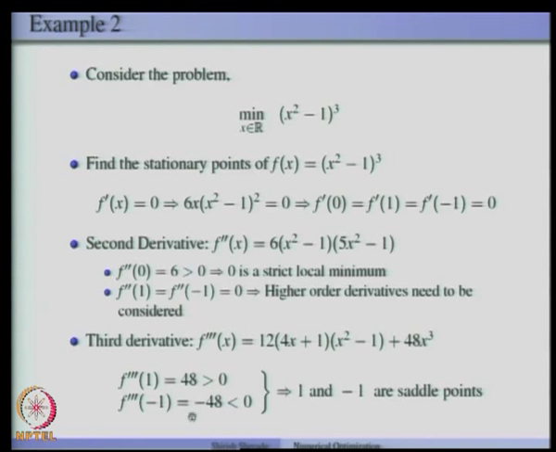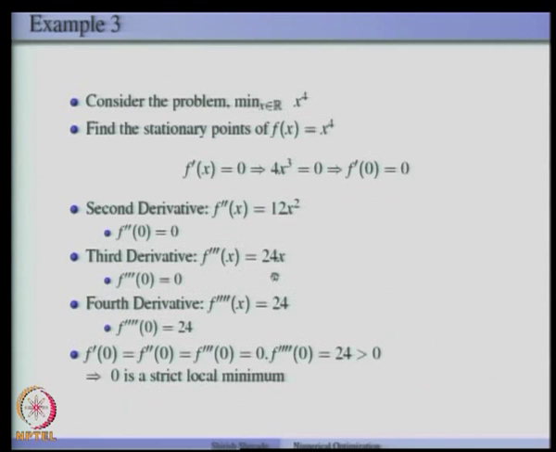So, we really cannot conclude anything from our result about sufficient optimality conditions, because these derivatives are non-zero at k which is odd. So, we can just conclude that 1 and minus 1 are saddle points of this problem, and 0 is a strict local minimum.